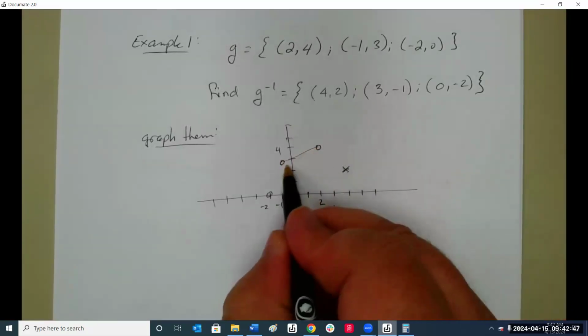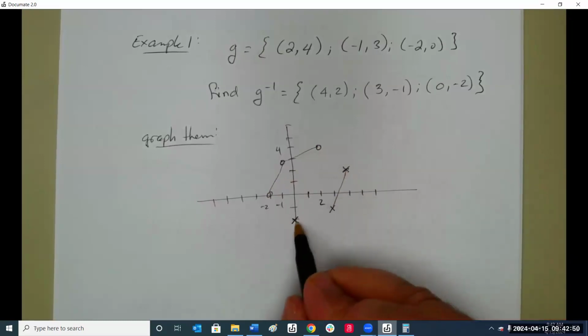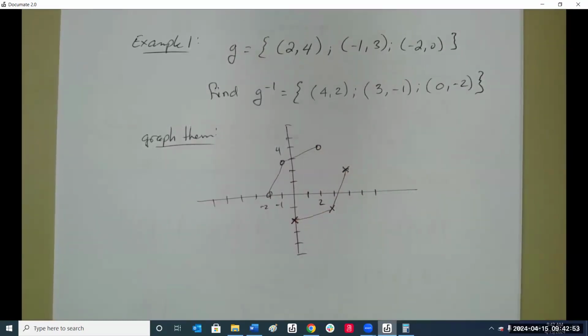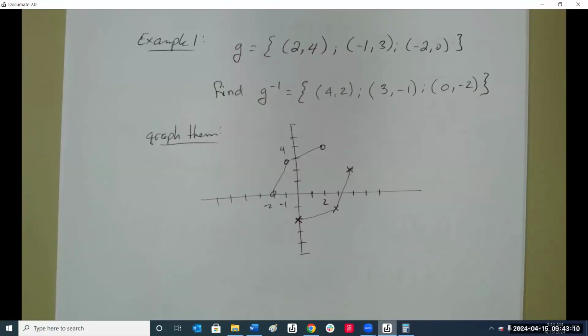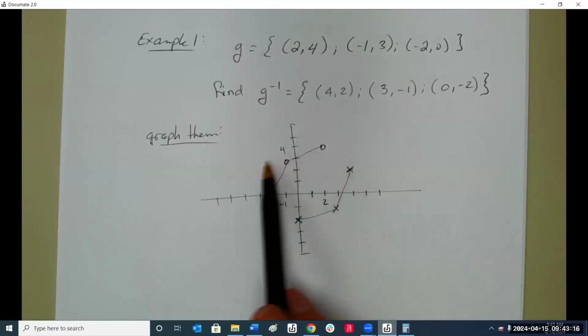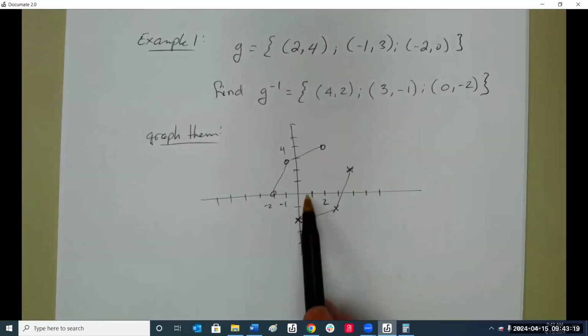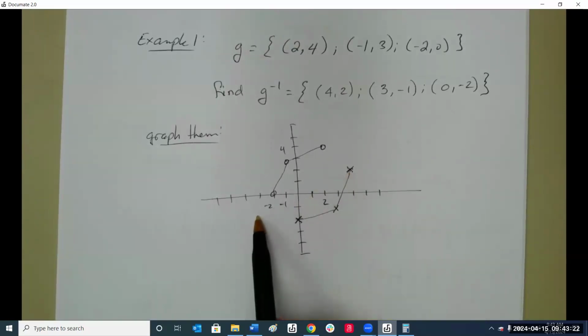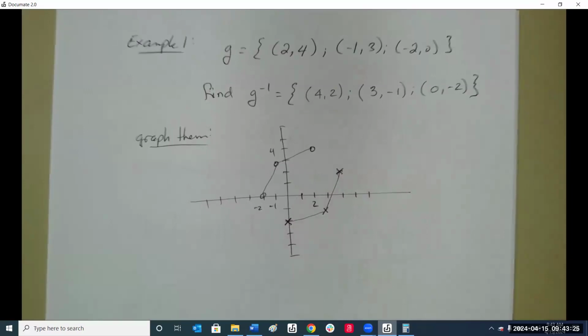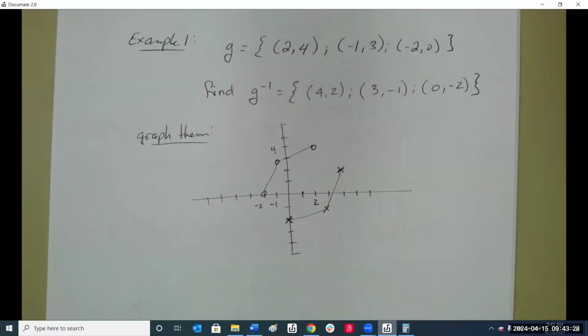So if we plotted these points and graphed them, what do you notice about the two graphs? Over what? The x-axis here. So is it going up and down? No. Y-axis here. That means this one would be down here. No, you're getting close there. You're given 2 million more tries, you'd get it.